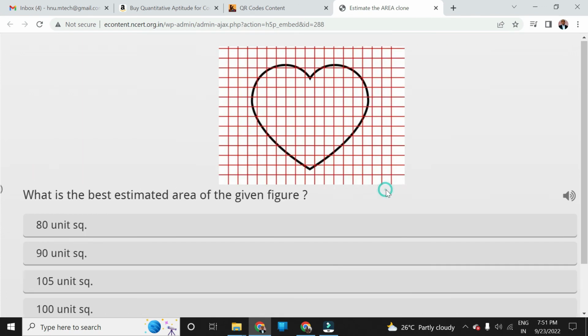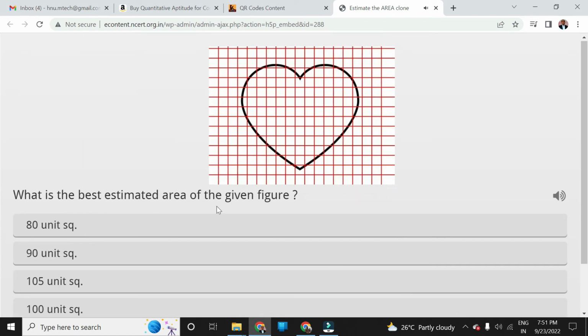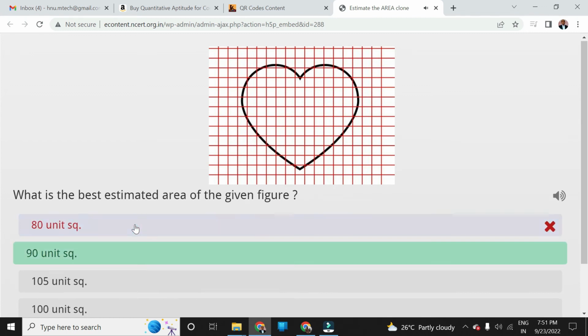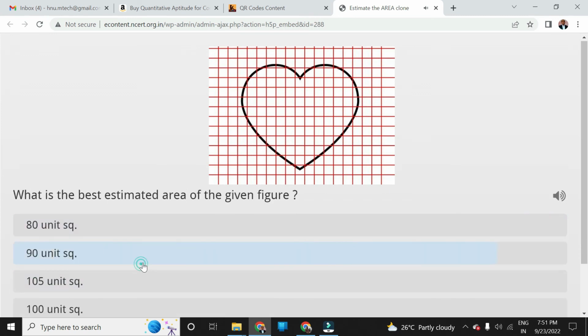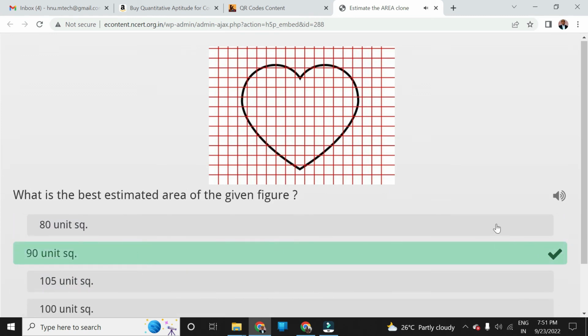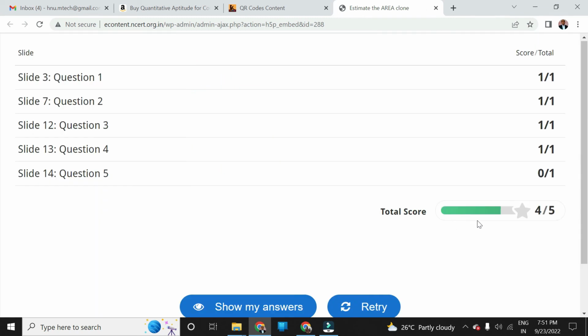Right, so this is the last question here. 90. Okay, so 90, if you select it, it will be correct, and totally you will get the sum at the end.